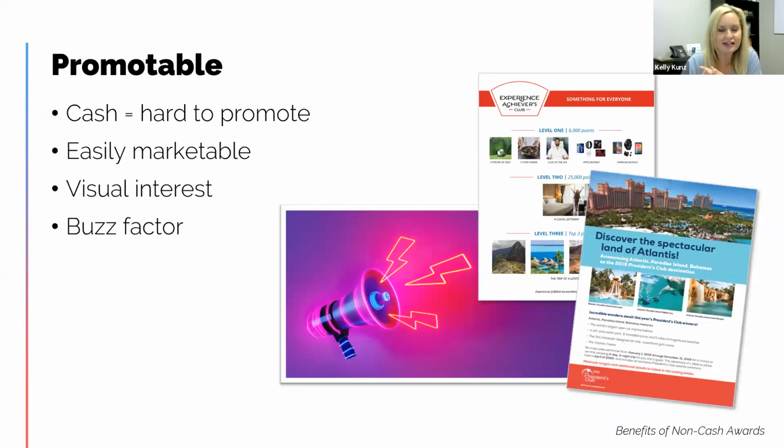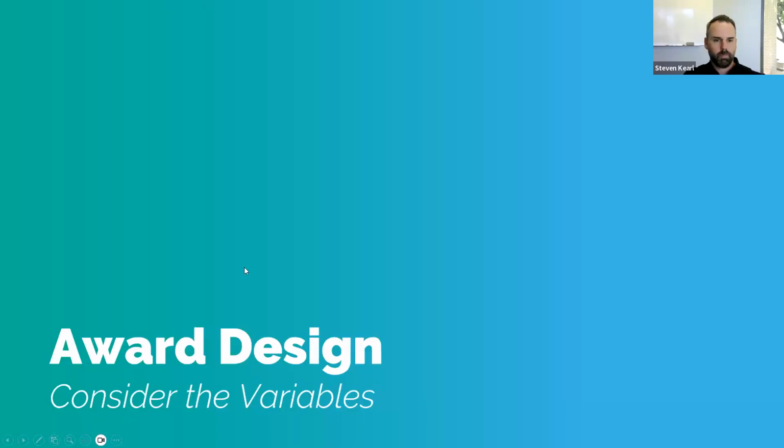They make an impression, provide that visual interest, not just for your eyes, but also for your brain, and then your motivation to engage in the program, to sell, to achieve, so that that non-cash award becomes easily promotable and creates some buzz. Exactly. One thing at Brightspot that we're always harping on is communicating, and this gives you something absolutely beautiful to communicate, to incentivize. Yeah, nice creative theme.